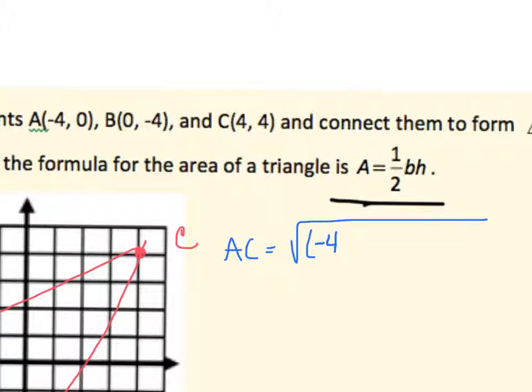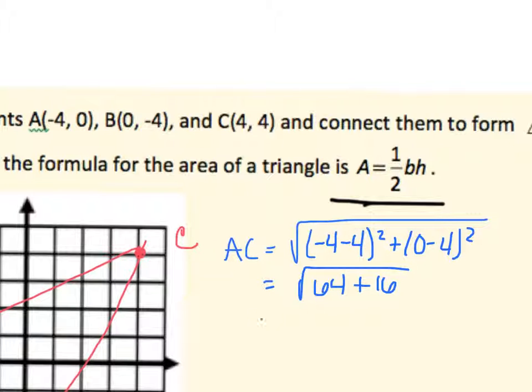I get (-4 minus 4) squared plus (0 minus 4) squared. So this is -8 squared, which is 64, and -4 squared, which is 16. If I add those together, that's 80.